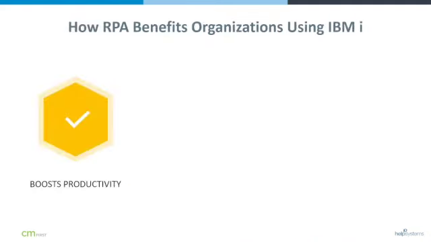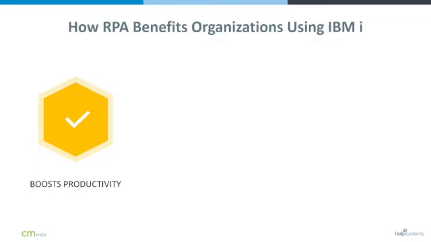So how does RPA benefit users of IBM i? In general, robotic process automation is a type of automation technology that transforms the way businesses operate. RPA boosts productivity, improves accuracy, reduces costs, and optimizes resources by handing those tedious, time-consuming processes over to software robots.